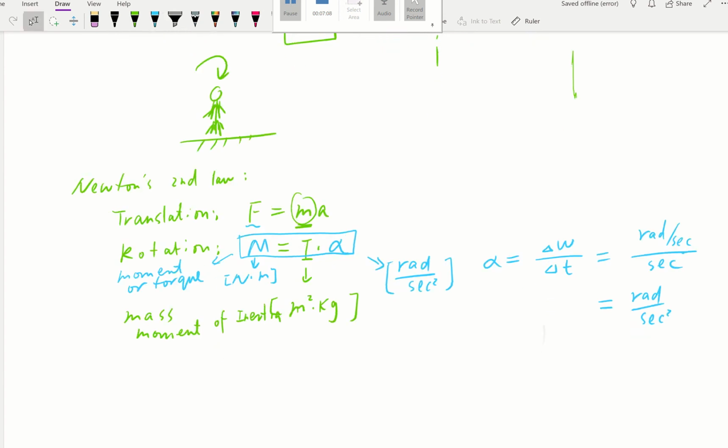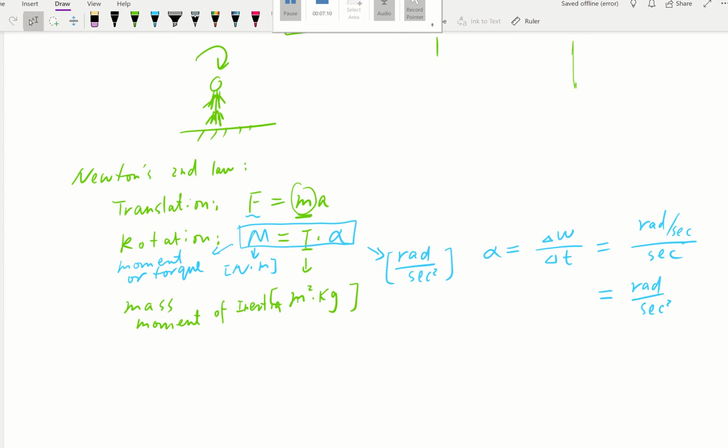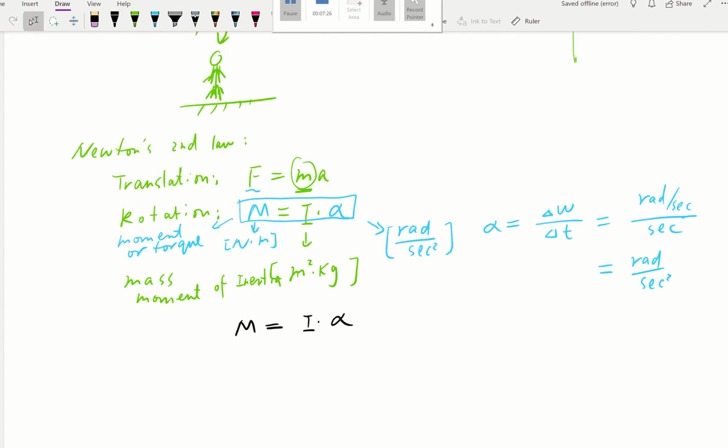Okay, now the very last thing, I want to verify the dimensions. I want to make sure the left and right hand sides of this equation have the same dimension. So let's go ahead and verify it. This moment is equal to I times alpha. The moment is Newton meter. The I, mass moment of inertia, is meter squared times kilogram.